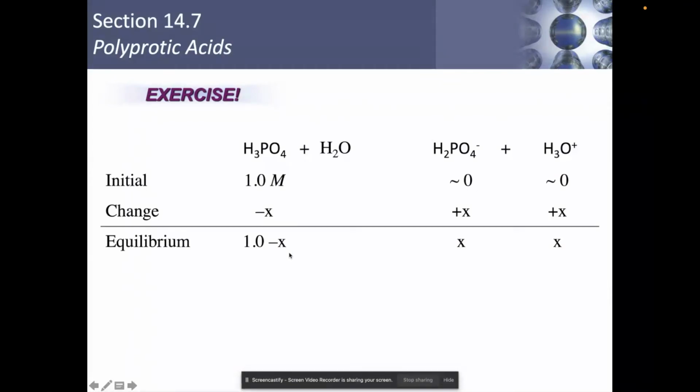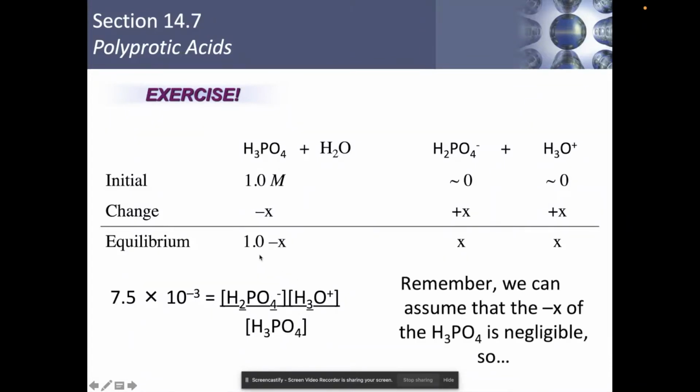Now, if I wanted to find the pH, what would I do? I would need an ICE diagram. So I have my 1 molar solution that I was given at the very beginning, minus x here. I had none to begin with, and now I'm increasing by x. Now, if I'm writing just the first Ka value here, I have my dihydrogen phosphate ion, hydronium, divided by phosphoric acid.